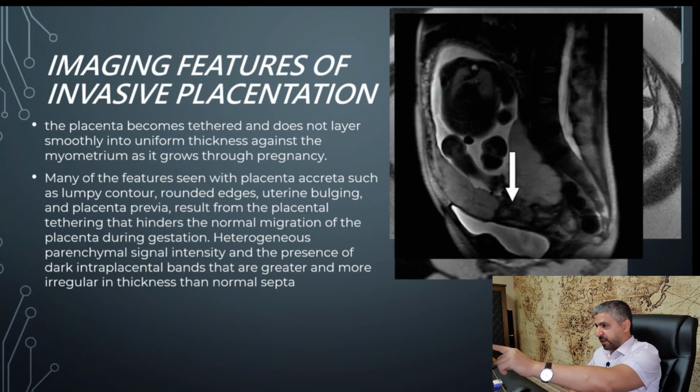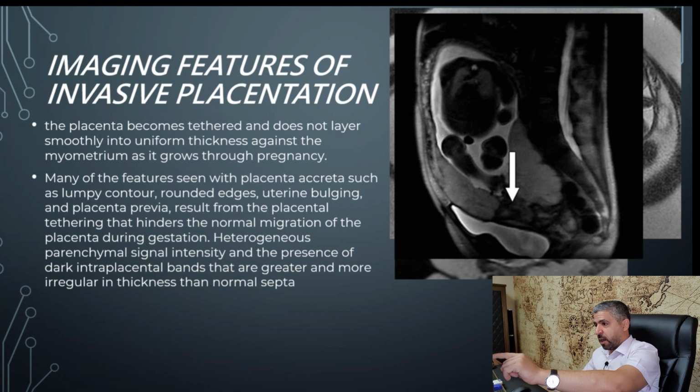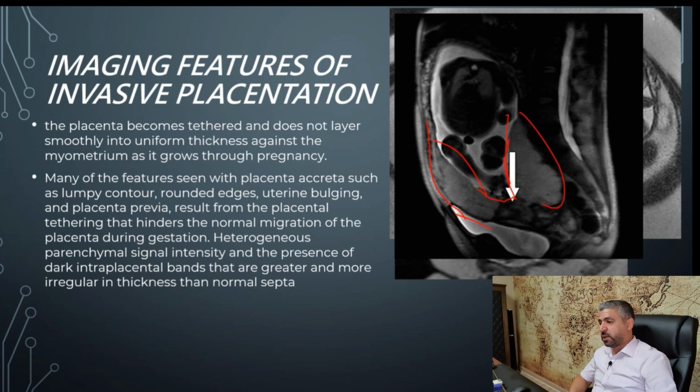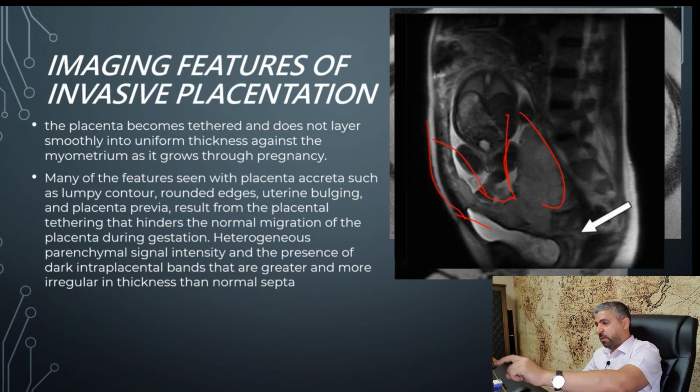There is a presence of placenta previa, obviously, which is suspicious, and you look for the indistinguishable myometrium, a very thin myometrium, and you can see the placenta here has lumpy or rounded borders. This is suspicious for placental invasion. You can see here also the same patient.